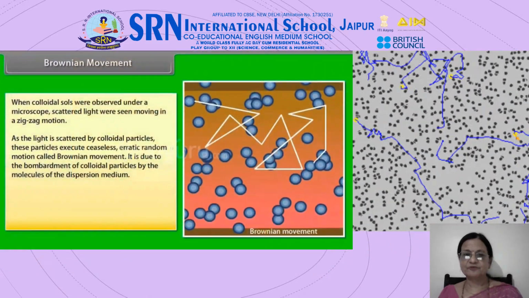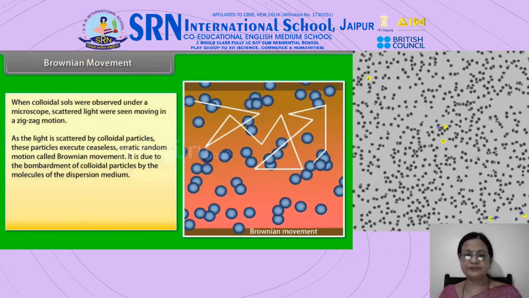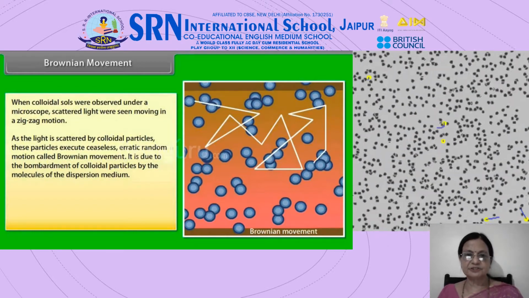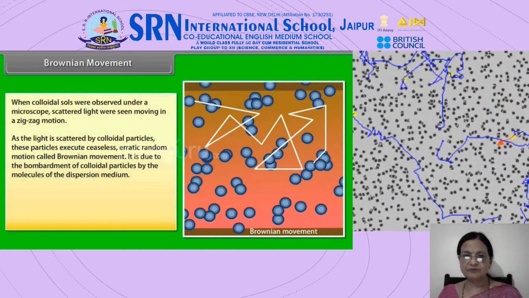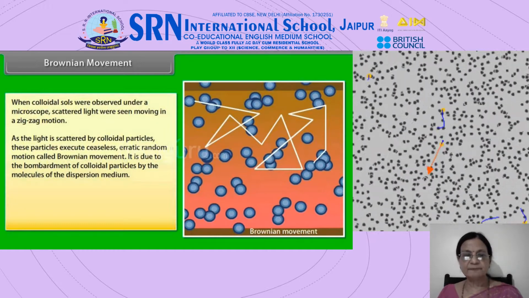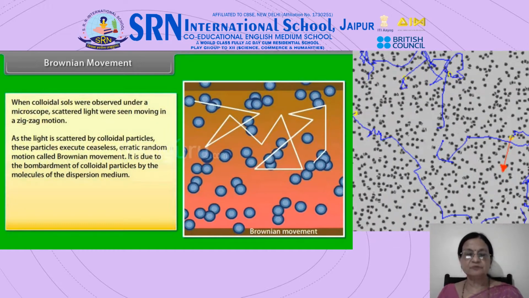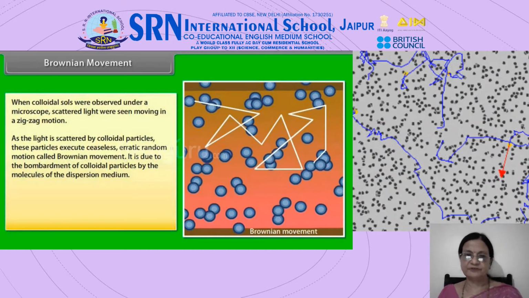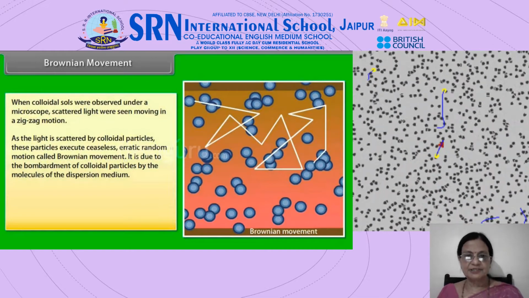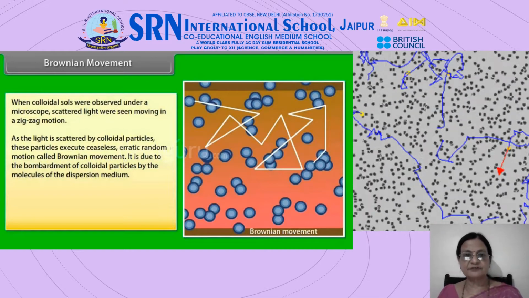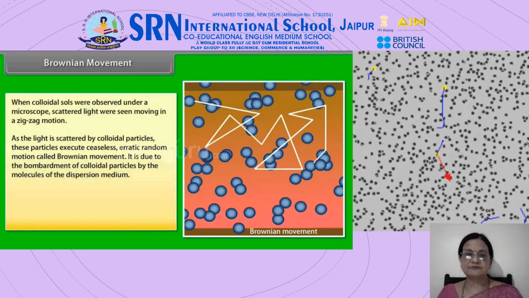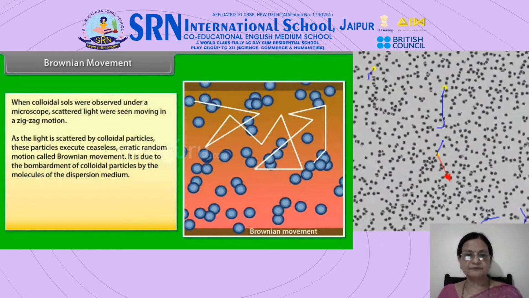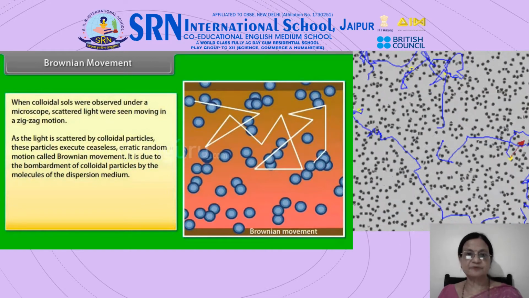Another property of colloidal solution is Brownian movement. When colloidal solutions are seen under a powerful microscope, colloidal particles appear to be moving in a continuous zigzag motion all over the field of view. This motion was first discovered by a British botanist, Robert Brown, and therefore this movement is called Brownian movement.